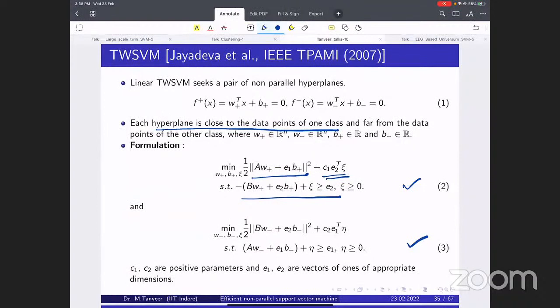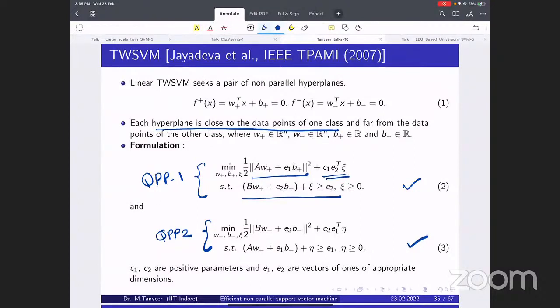If I summarize, twin SVM is composed of a pair of quadratic programming problems, QPP1 and QPP2, such that in each QPP the objective function corresponds to a particular class and the constraints are determined by the patterns of the other class.